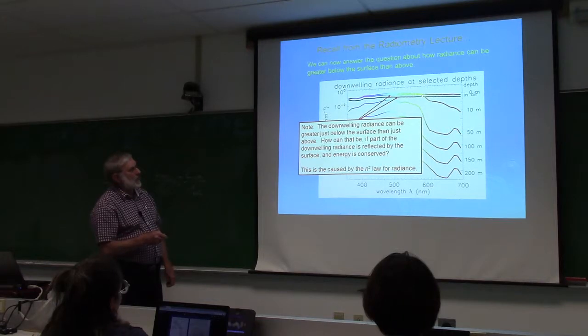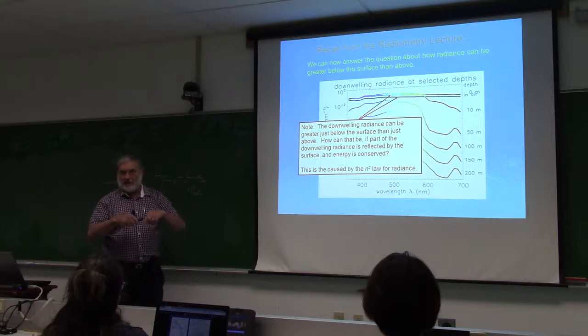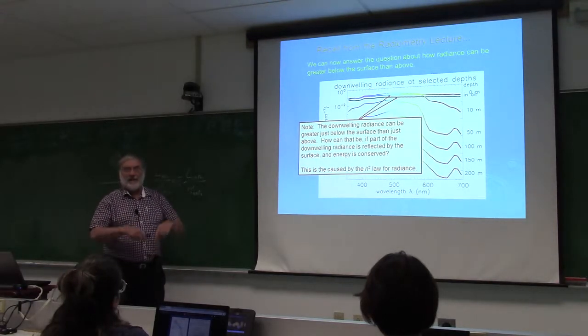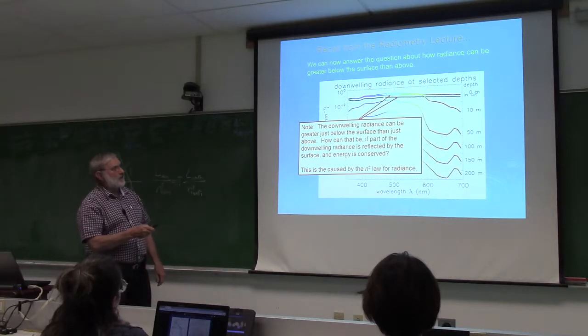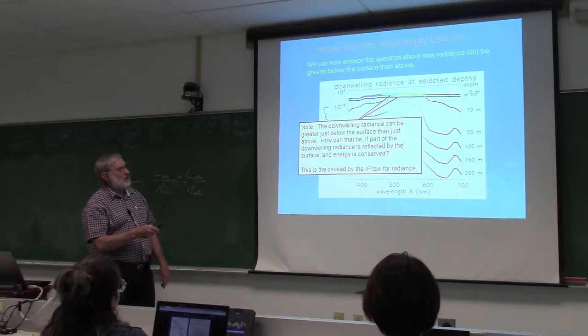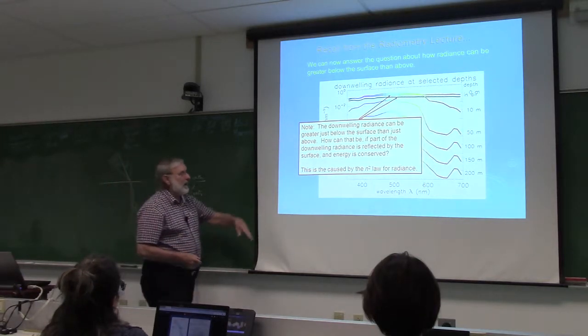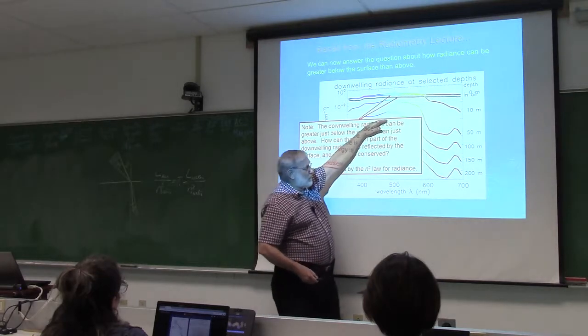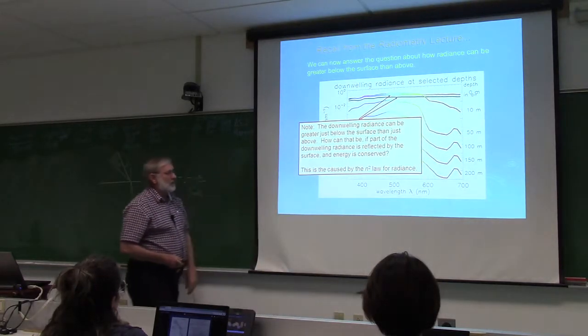And the question was, how can the radiance in the water be greater than the radiance in the air above the surface? And the answer is, it's the n squared law. So the one just below the surface here can be like 1 3/4 times the air value. And then eventually absorption starts killing it and the radiance decreases. But that's the answer to that.